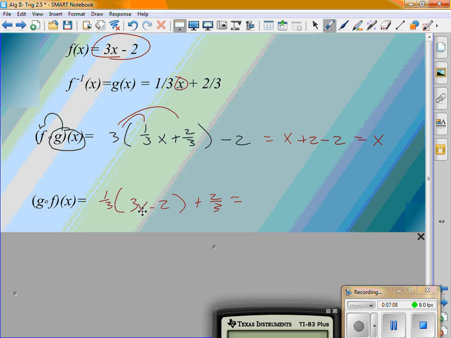Let's see, 1/3 times 3x is x. 1/3 times negative 2 is negative 2/3, plus 2/3, which gives x. Inverses of one another: if you do the composition both ways, they should both be equal to the same exact thing. They should both be equal to x.